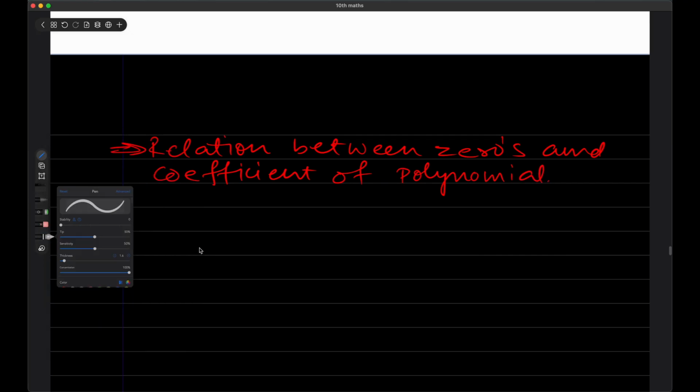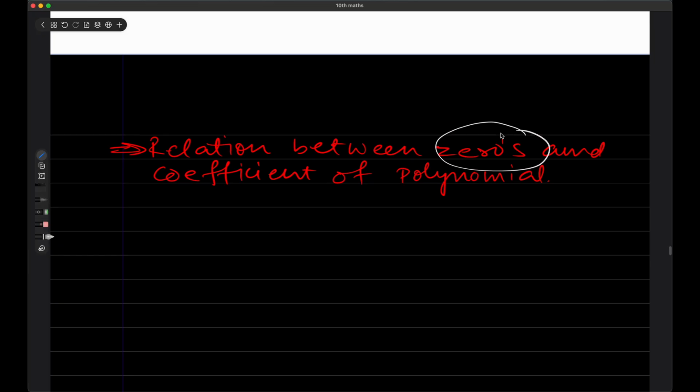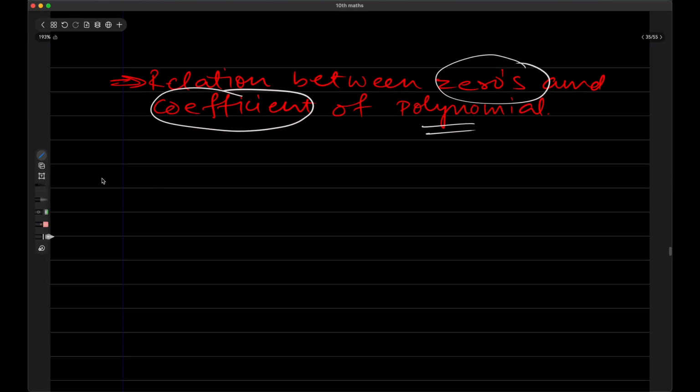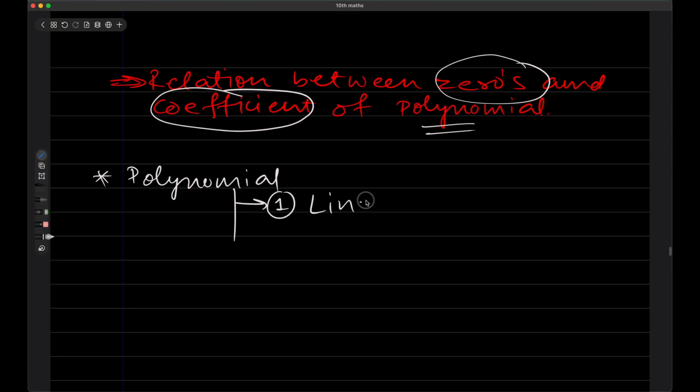Let us understand a few terms, that is zeros and coefficients of a polynomial. We know that polynomial is of three types. First is the linear polynomial, of the form p of x equals ax plus b.